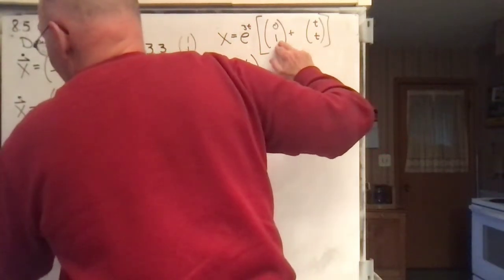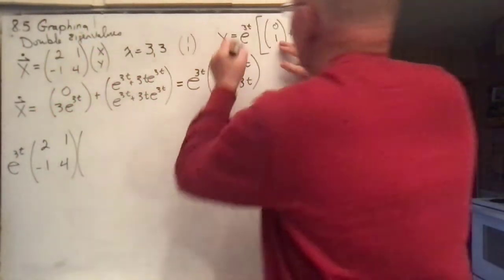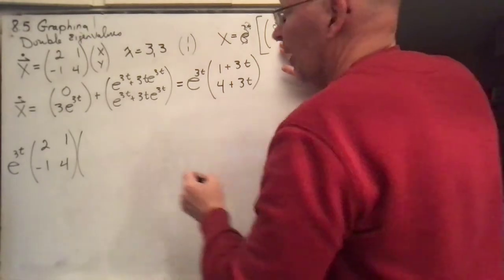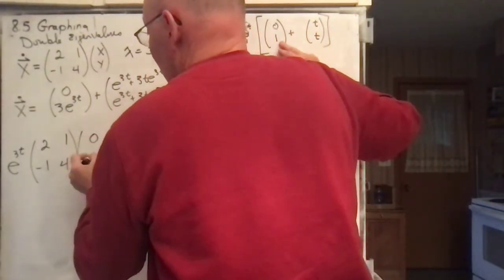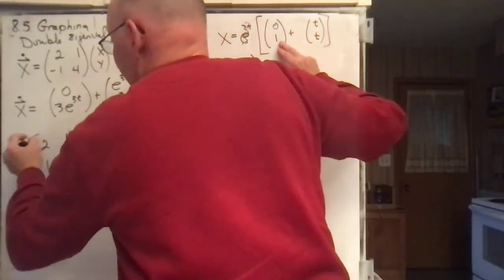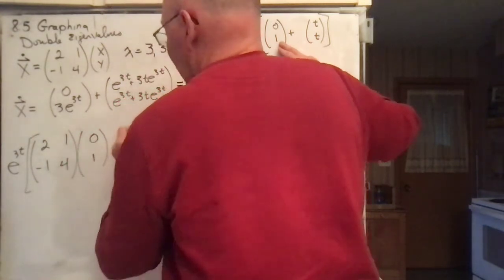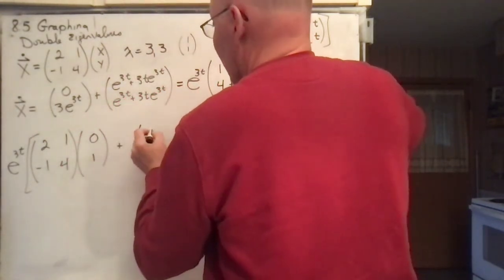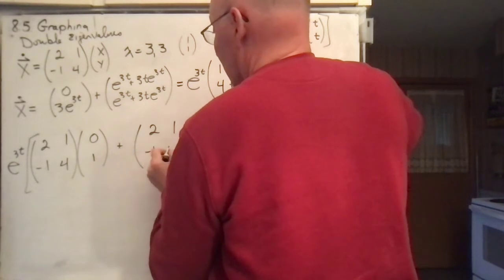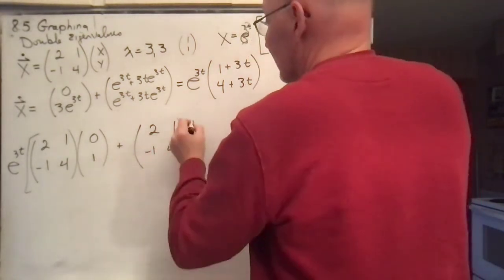So I'm just going to write it as e to the 3t, because everything's going to have that. And so I'm going to apply it to 0, 1. And then I'm going to break it up into 2 pieces. And I'm also going to apply it to the t, t.